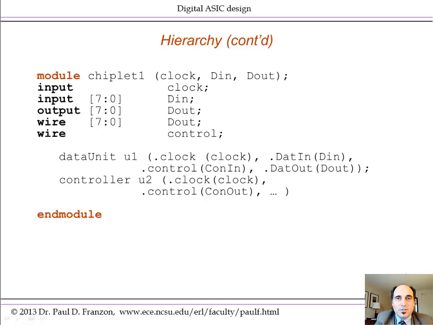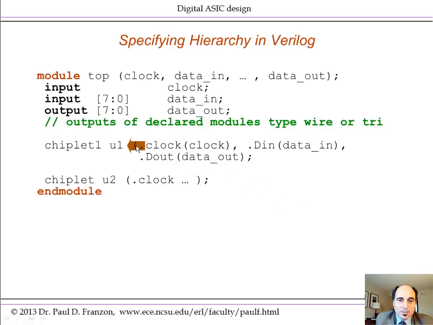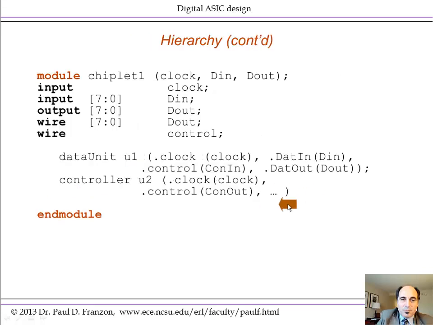Because the instances are referred to hierarchically, I can call this U1 while also calling this chiplet U1. Because if I was actually referring to this data unit instance from the module top, I would refer to it as U1.U1, and that's fine.